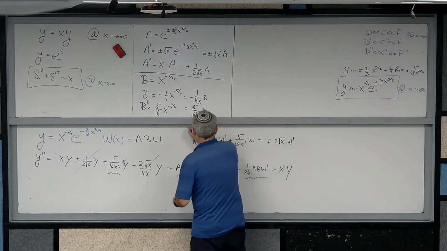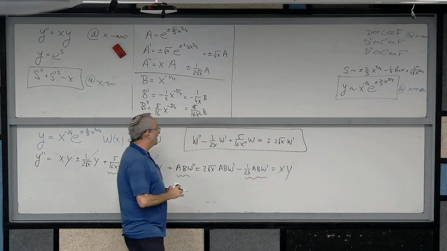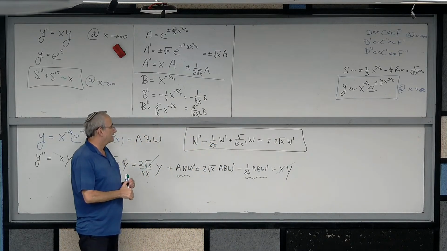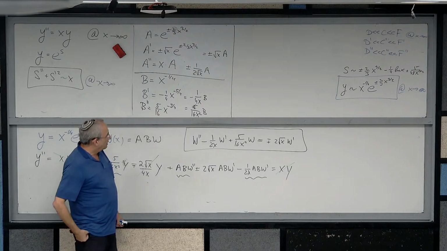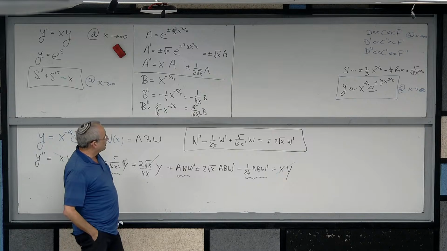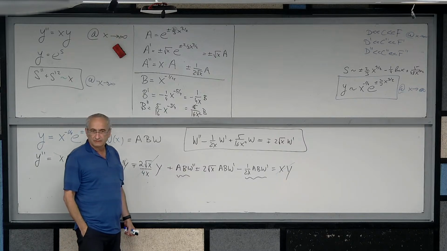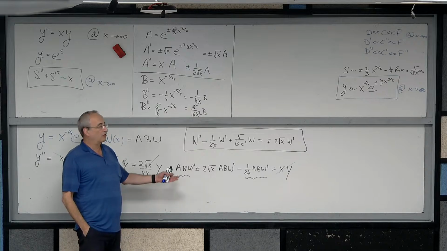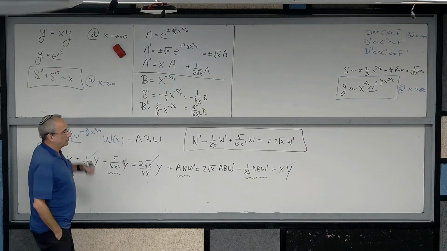So this is an equation for W. Now, a few questions. First of all, is that equation solvable at x goes to infinity? Is this equation better than the area equation?